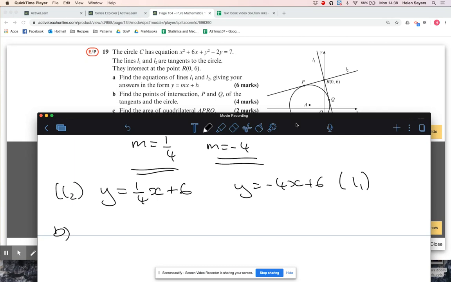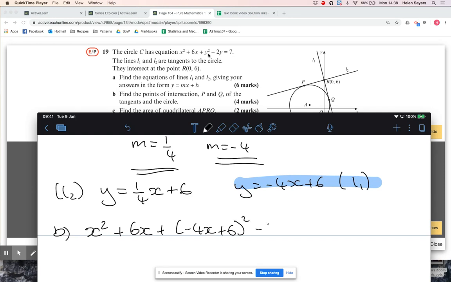So if I substitute this one, let's do this one first just because it doesn't have a fraction. If I substitute this into the equation of the circle, I would get x squared plus 6x plus y squared minus 2y equals 7.